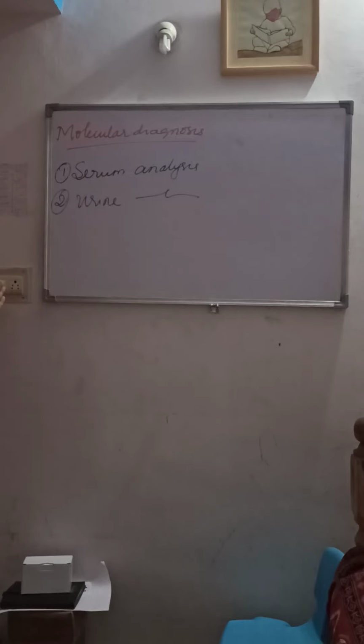Whether the person is corona positive or negative, the detection should be very fast. The result of the test should come out fast so that proper treatment can be given earlier. That is one great disadvantage of the conventional method of molecular diagnosis.